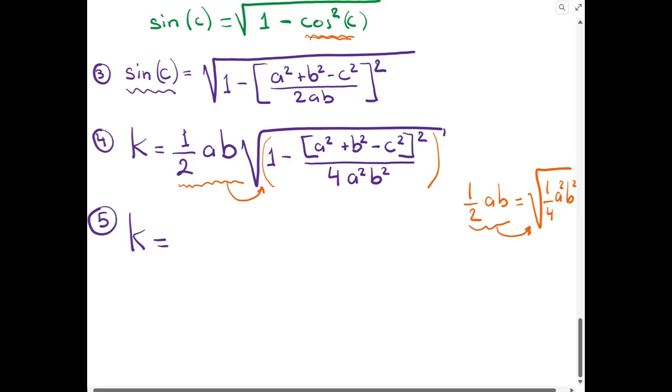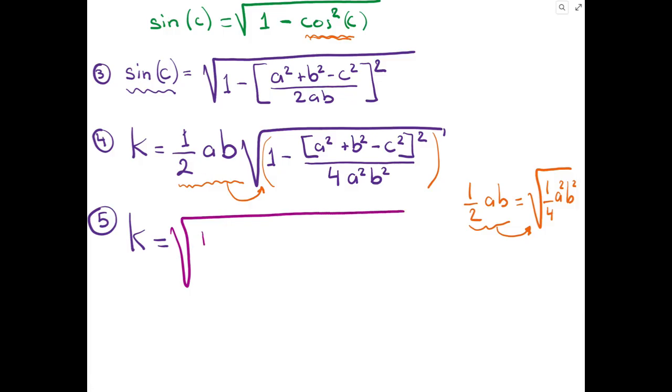Okay, so here we go. K is equal to the square root of, that inside will be 1/4 a squared b squared, and then whatever I had inside my radicand, 1 minus that ugly numerator, a squared plus b squared minus c squared, all over 4a squared b squared.